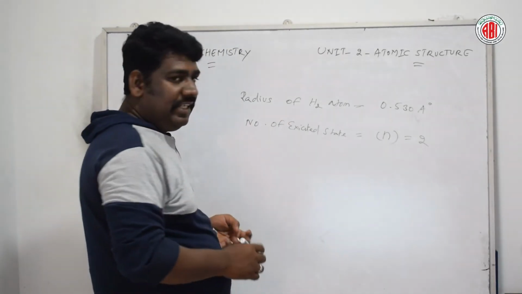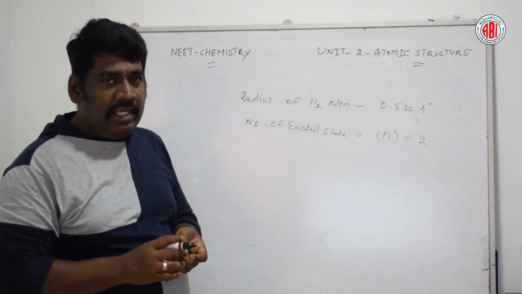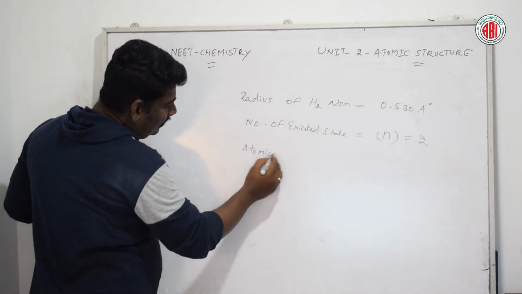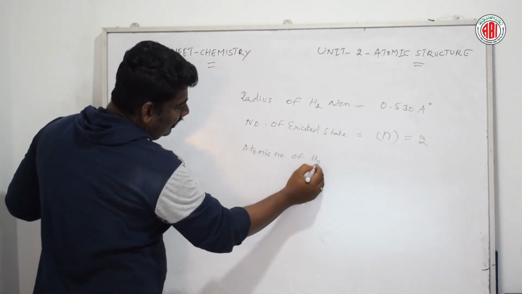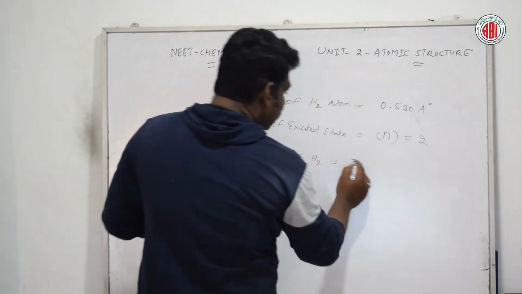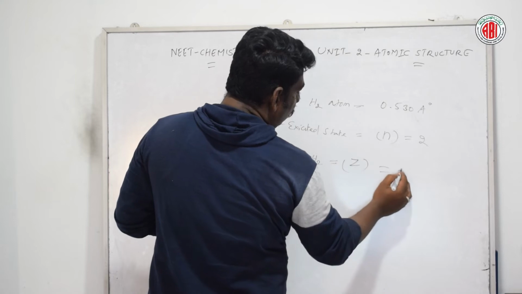And the atomic number of hydrogen, symbol Z, is equal to 1.